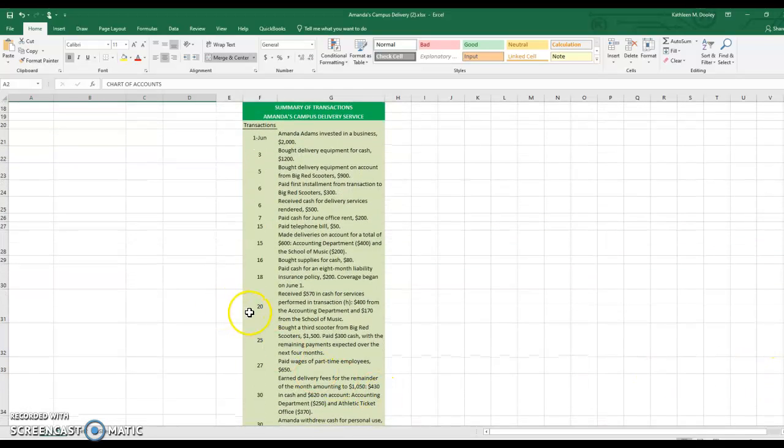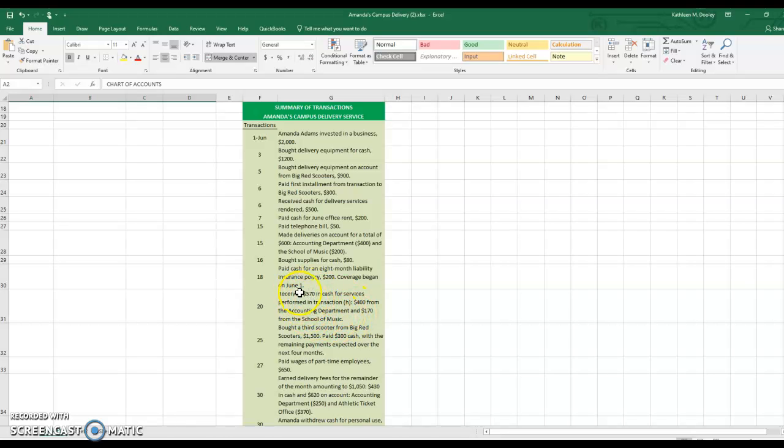Okay. We received cash for services performed back in transaction H, $400 from the accounting department and $170 from the School of Music. So that was back here where we made deliveries on account for a total of $600. Now these departments are paying us some of what they owe us.